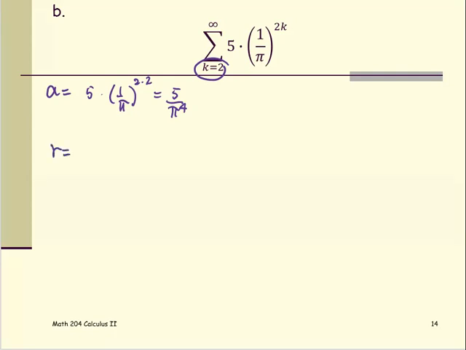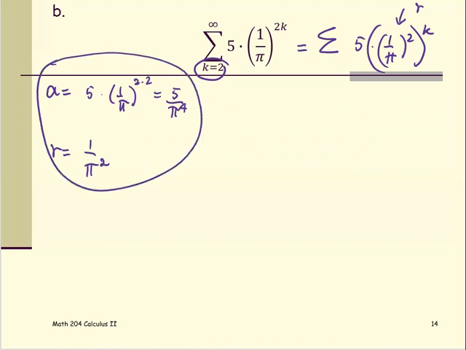And r is the number that is raised to the power k. So rewrite this series a little bit into the form of the sigma notation, 5 times 1 over pi to the second, all to the power k. So therefore, we can see r as 1 over pi to the second.